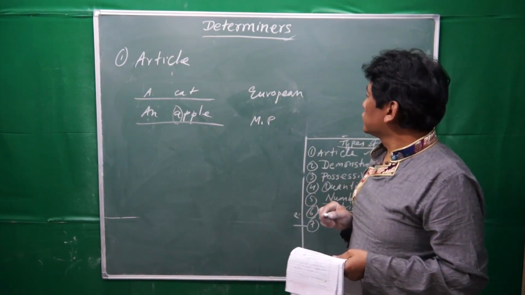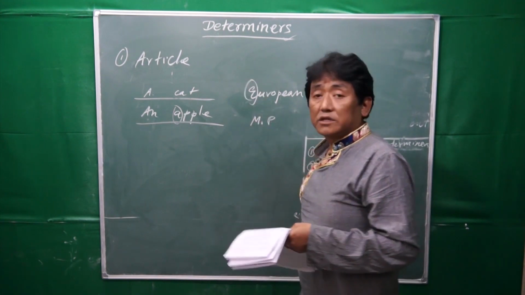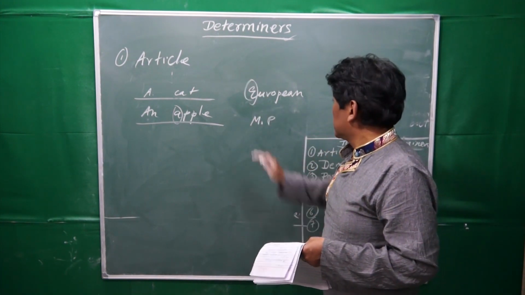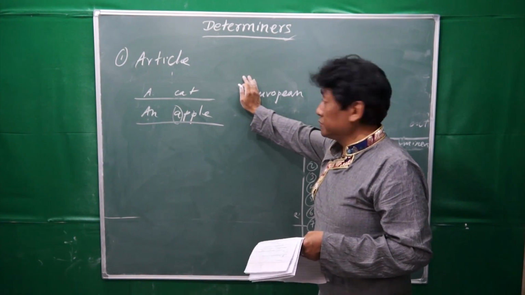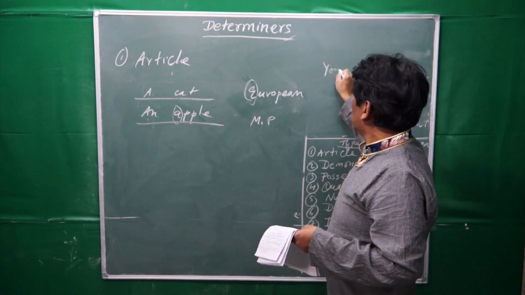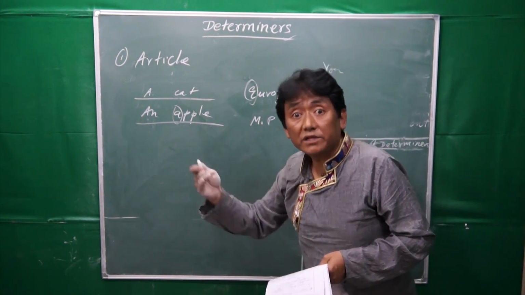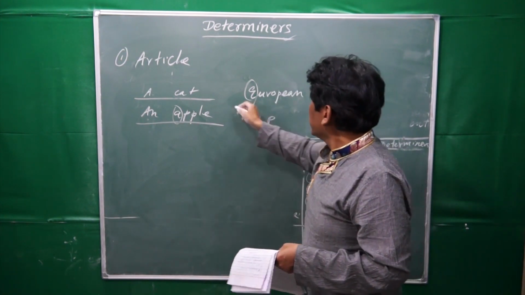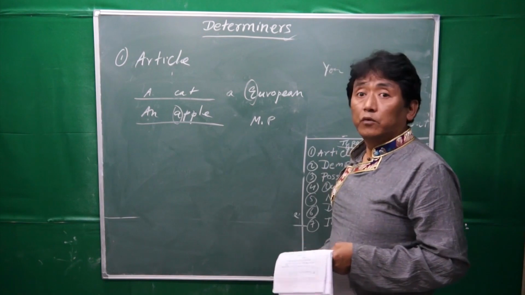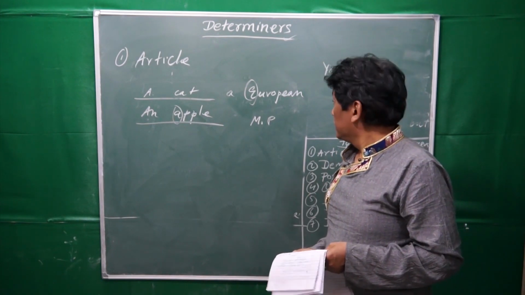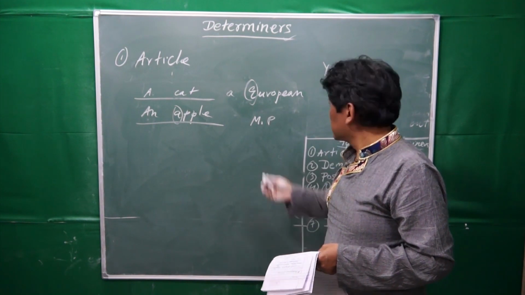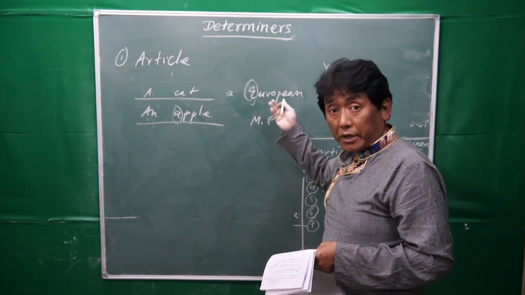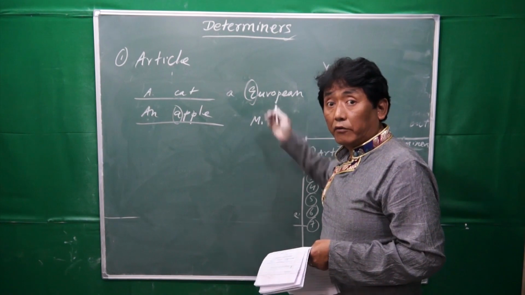When we talk about European, the first letter is a vowel, but U comes with a Y sound, right? So we write a European. We don't write an European because the sound is consonant, although the letter over there may be a vowel.